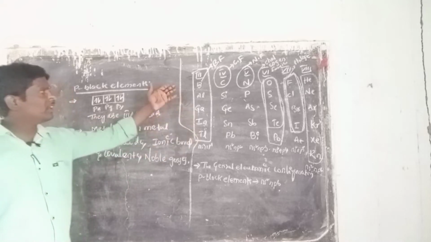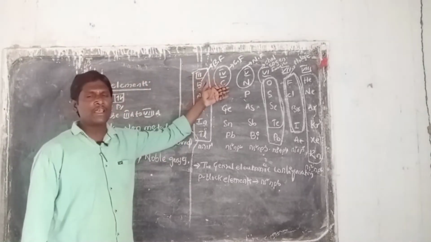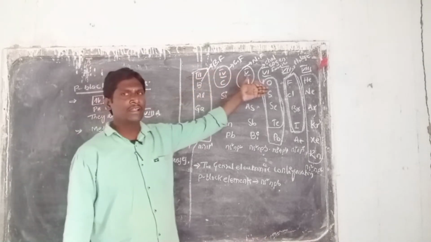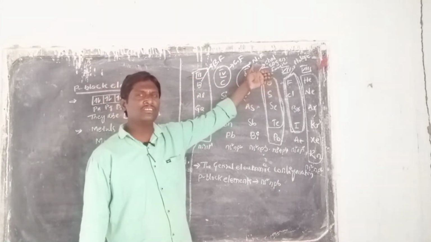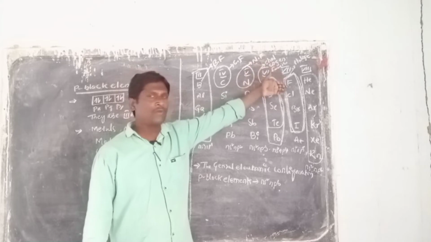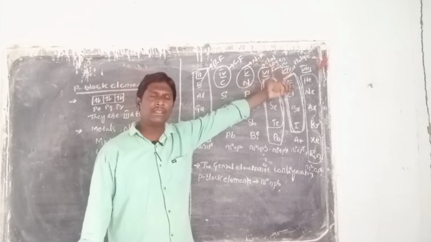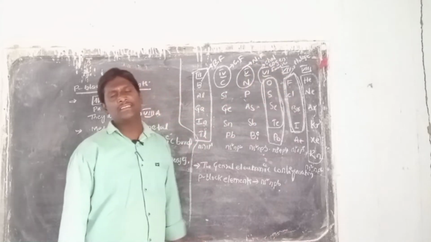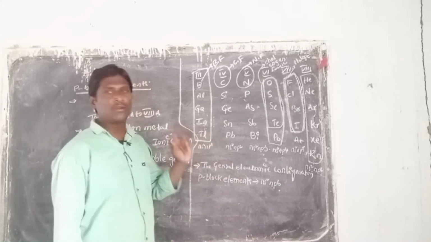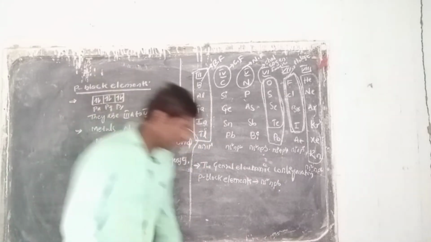Boron family, carbon family, nitrogen family, chalcogens or oxygen family, halogens or fluorine family, and noble gases are the zero group elements. These are called p block elements.